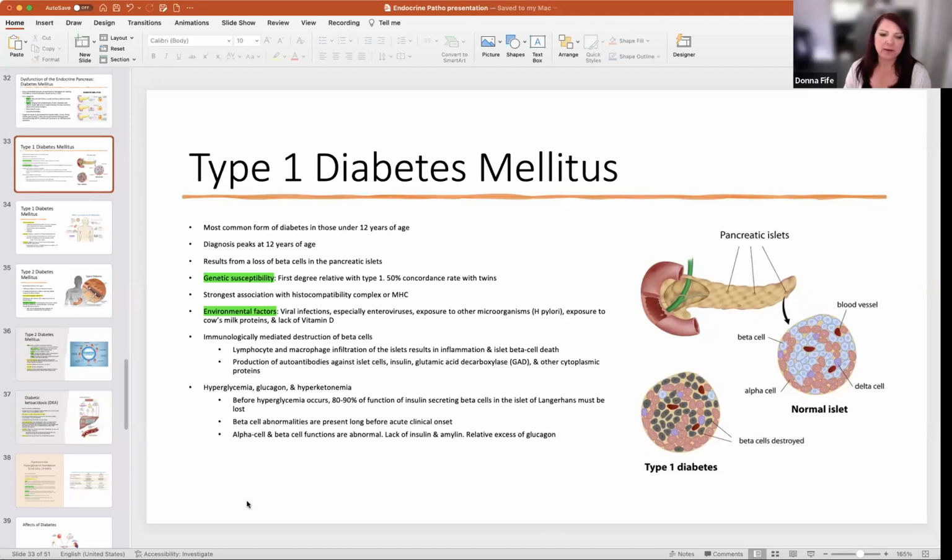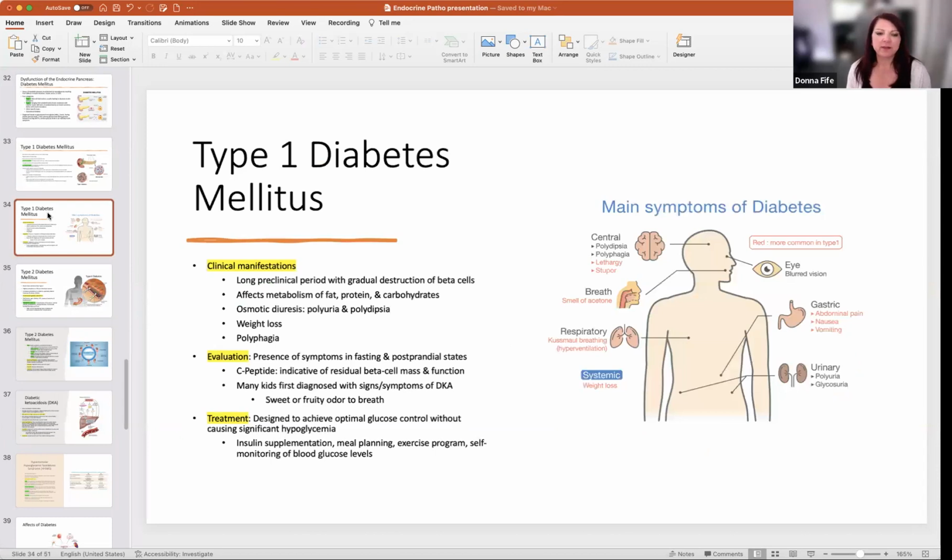Hyperglycemia, glucagon, and hyperketonemia: before hyperglycemia occurs, 80 to 90% of the function of insulin-secreting beta cells in the islets of Langerhans must be lost. Beta cell abnormalities are present long before an acute clinical onset, and alpha cell and beta cell functions are abnormal. There's a lack of insulin and amylin, and a relative excess of glucagon.